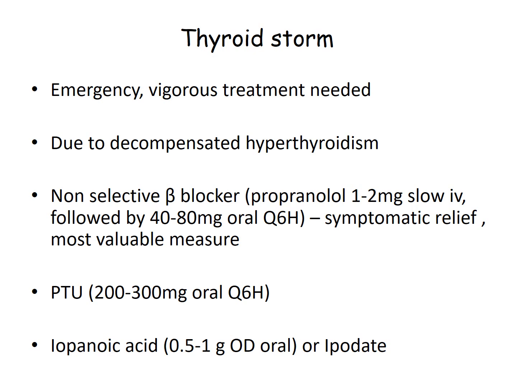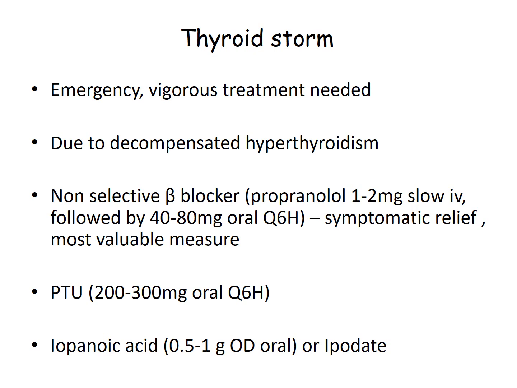The secretion of these thyroid hormones into our blood causes hyperactive situations: anxiety, tremors, increased heartbeat, tachycardia, shivering, fever. To control that clinical situation, we mainly use the non-selective beta blocker propranolol 1 to 2 milligrams slow IV, then change over to oral treatment.